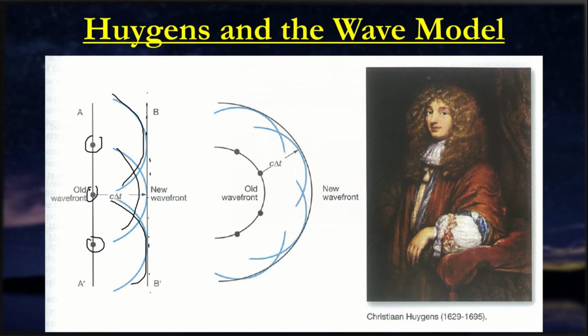You have one old wavefront that acts as a point source, and then you have these curves, these waves, that expand like a circle in all different directions. If you take the sum of all those new wavefronts, you get this line wavefront here.